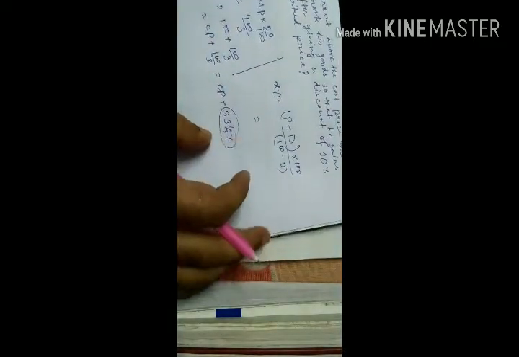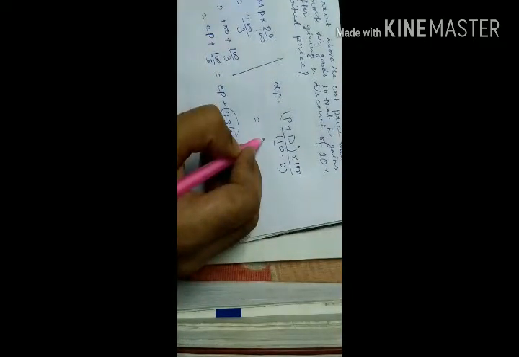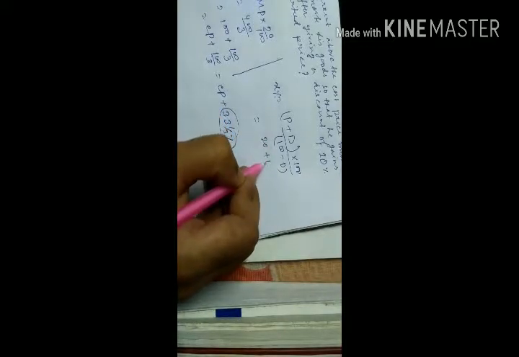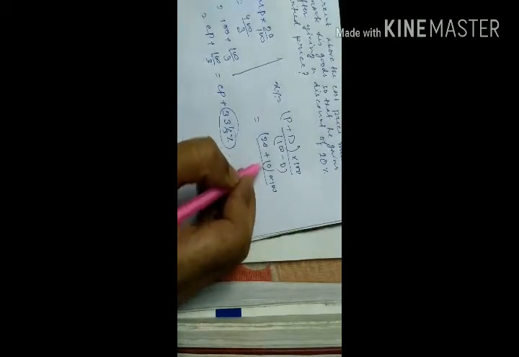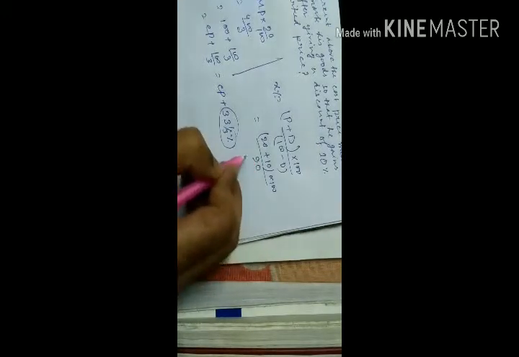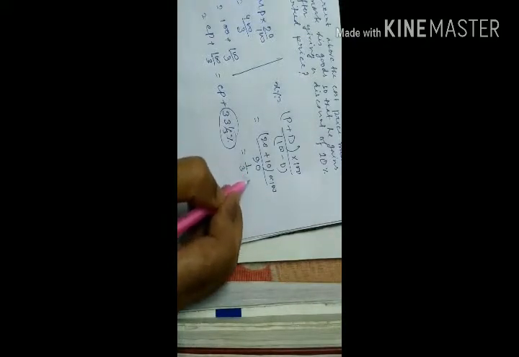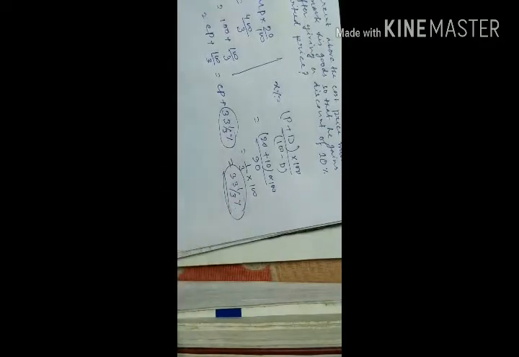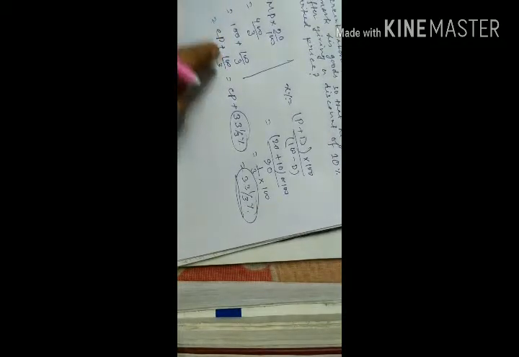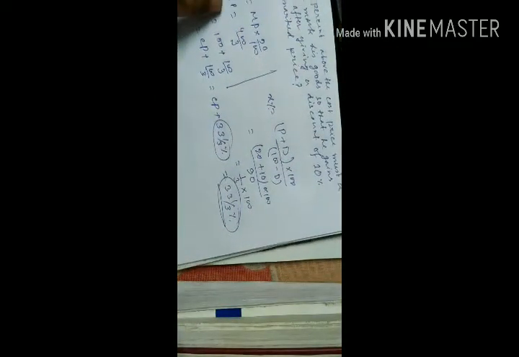Profit कितना परसेंट है? 20%. Discount 10% into 100 by 100 minus discount, that is 90. This is 1/3 into 100, that is 33 and 1/3%. So guys, this is the special trick for solving this type of problems. In this type of questions you have to put this formula and easily get the required solution.